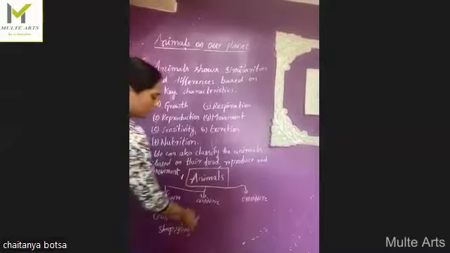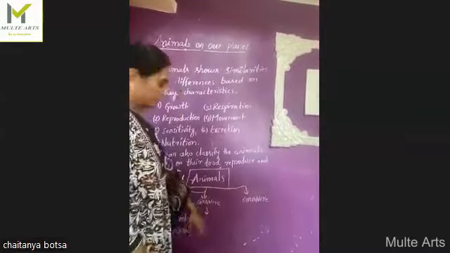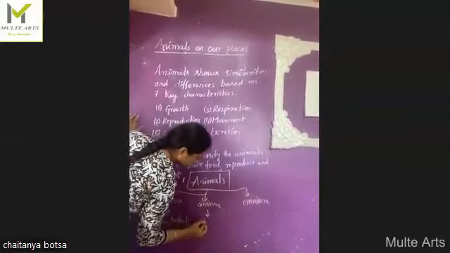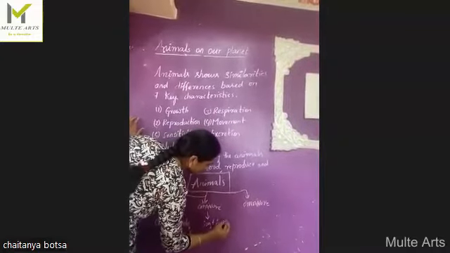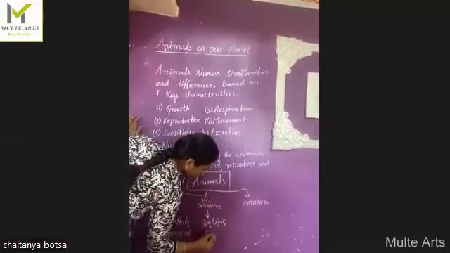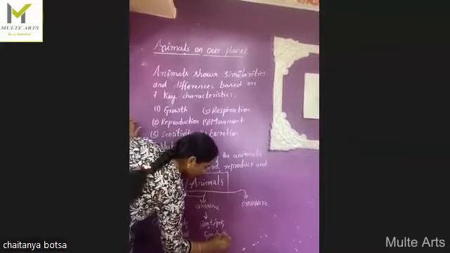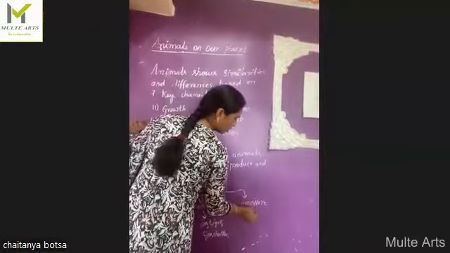And next one is the carnivore. Carnivores are animals which eat only the flesh of other animals, like lion, tiger, fox, cheetah. These animals belong to the carnivores. And next one is the omnivore.